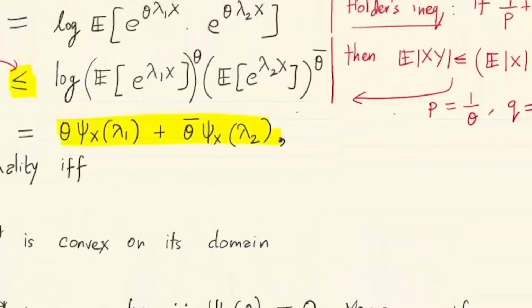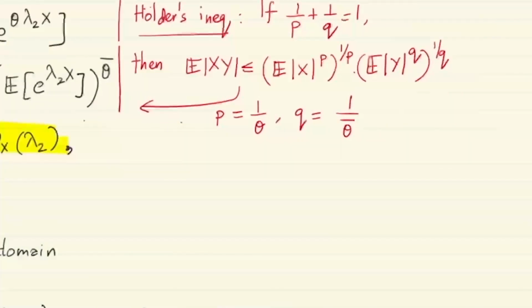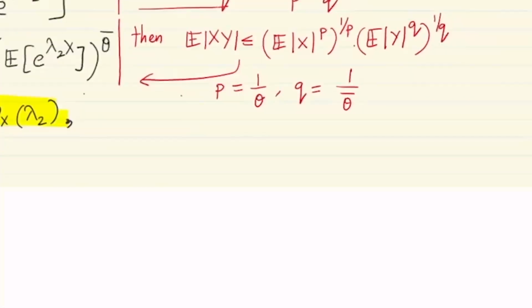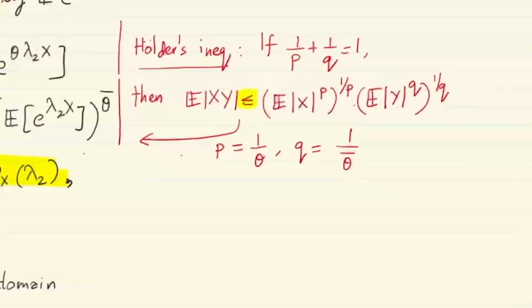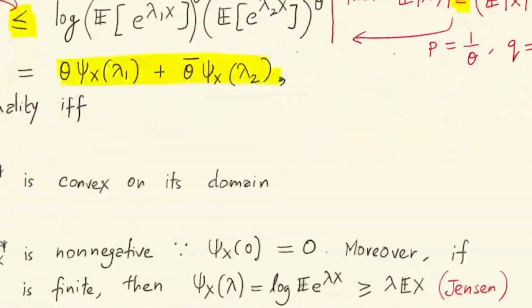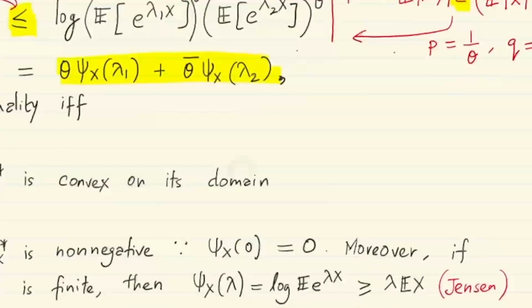So it turns out that in Holder's inequality, which I have written down here, the inequality is an equality if and only if x and y are scalar multiples of each other. Okay, so the random variables x and y are exactly related by scalar multiplication. So if you translate that requirement here, it means that the random variable e raised to lambda 1 x has to be a scalar multiple of e raised to lambda 2 x, okay, with probability 1, almost surely.